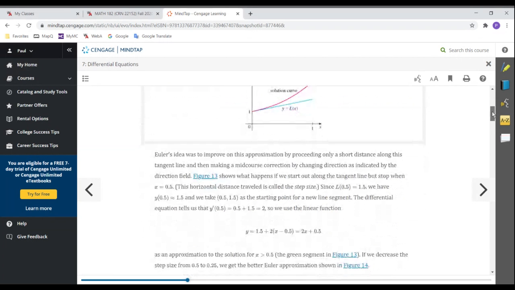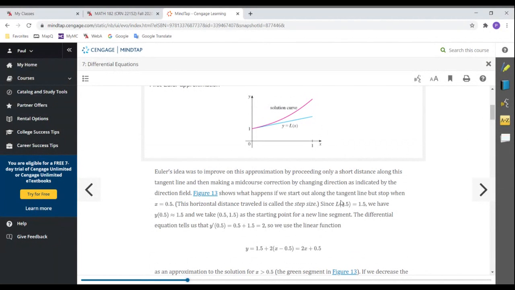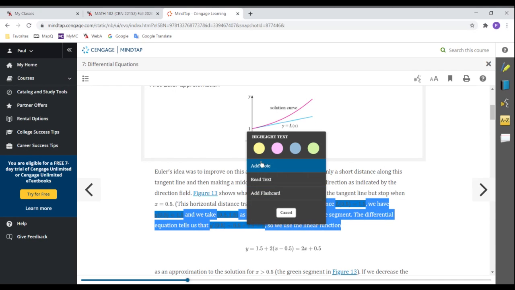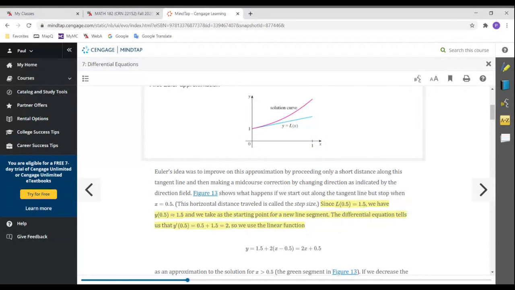So let's take that x equals a half point. We agree that the linear approximation of the solution curve when x equals a half is 1.5. Therefore, y of 0.5 is approximately equal to 1.5.